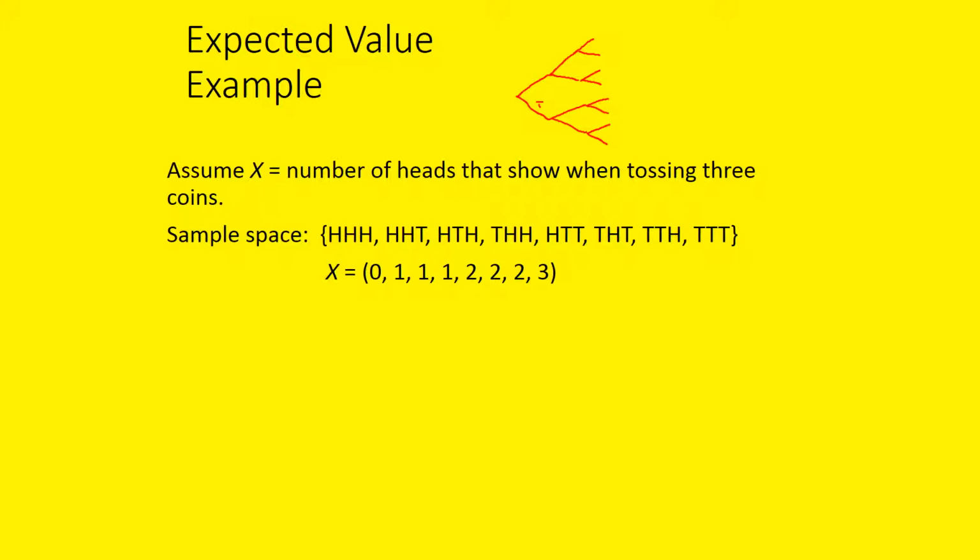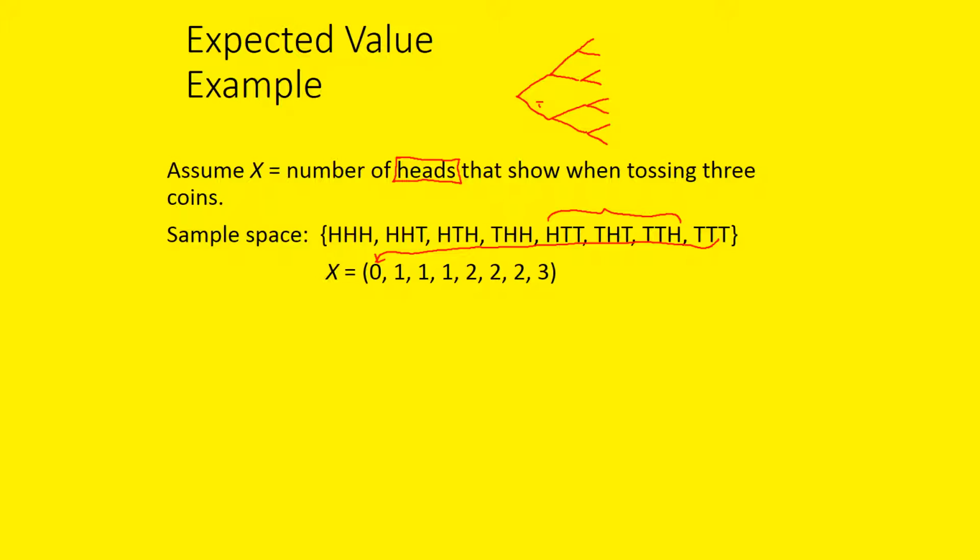And the number of heads, that's how we're defining big X. Number of heads could be 0 if you get a tail, tail, tail. Or it could be 1 head if you get any of these 3 outcomes.